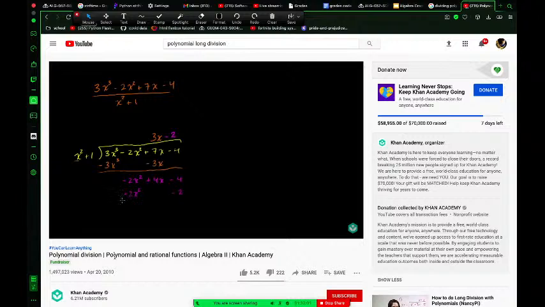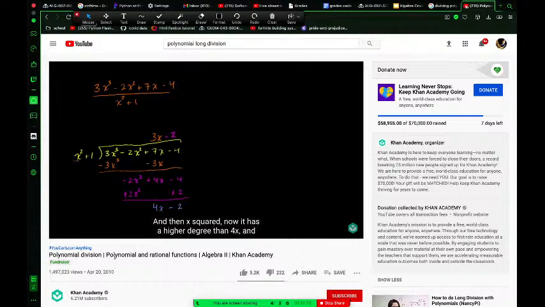Now, we're going to want to subtract these from there. These two cancel out. 4x minus 0 is 4x. Negative 4 minus negative 2, or negative 4 plus 2, is equal to negative 2.